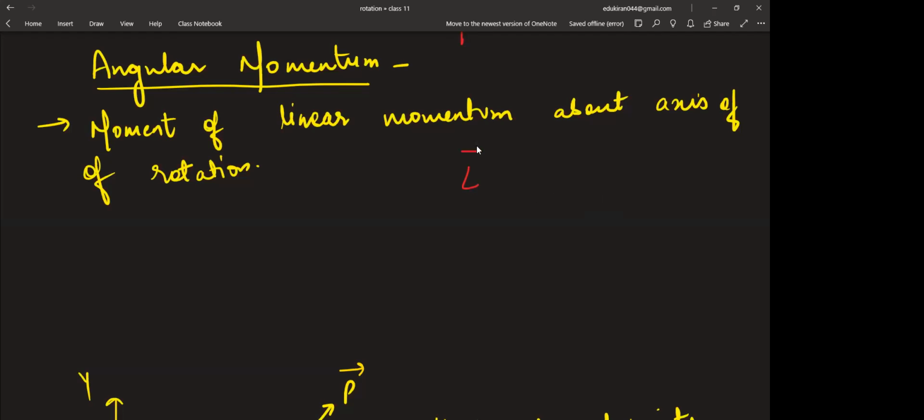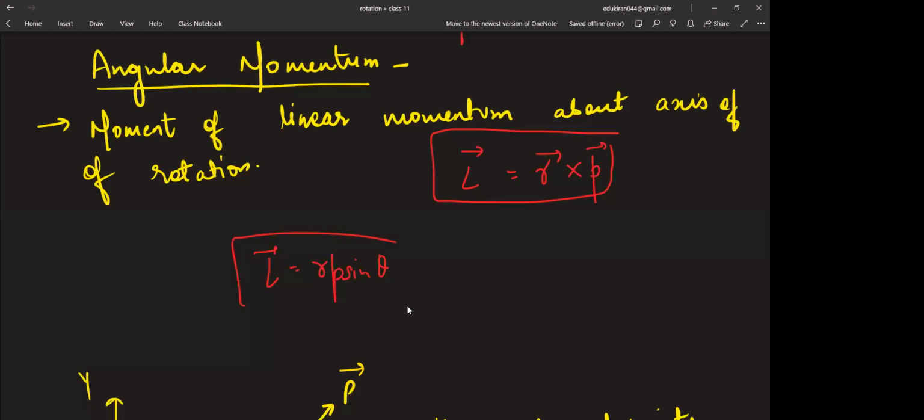We represent it with a capital L. It is R cross P. Again, all these are vectors, and cross products lead to vectors. So this becomes RP sine theta. R perpendicular is R sine theta, so you can even say this is R perpendicular into P.